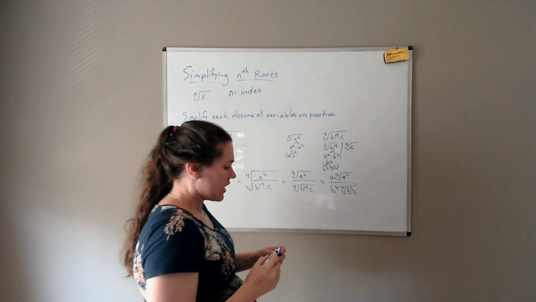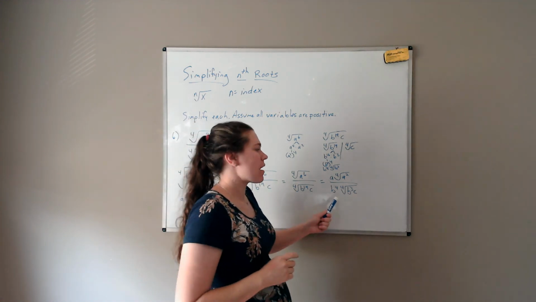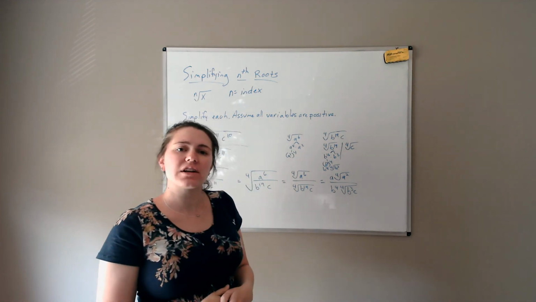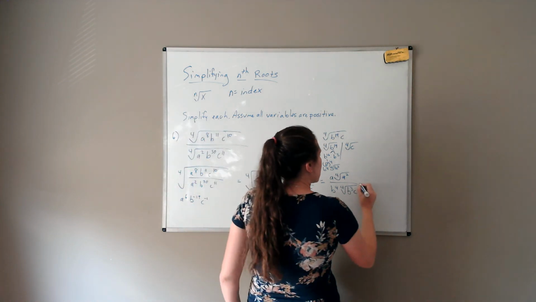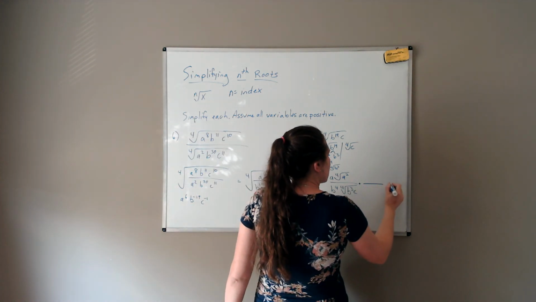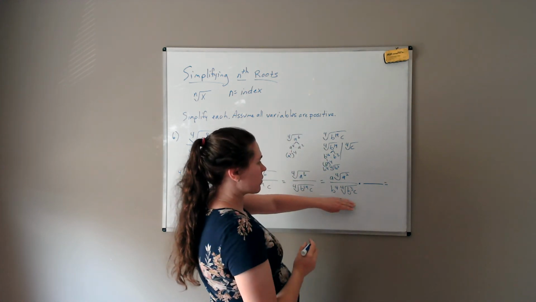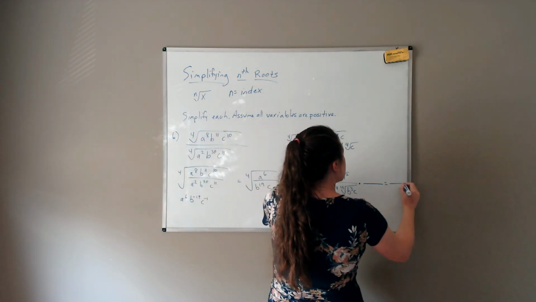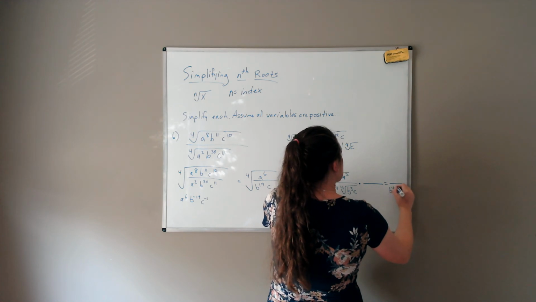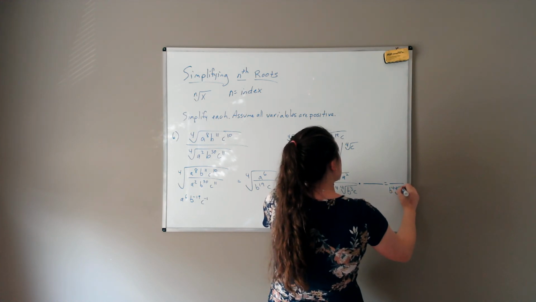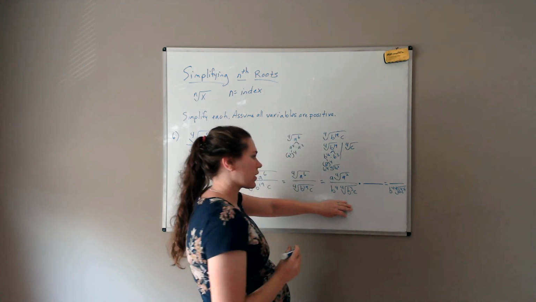So now each of the radicals is simplified, but the problem is I still have a radical sitting in the denominator. And I want this to be a rational denominator. So my denominator, in order for it to be rational, needs to be b to the 4th times the fourth root of b to the 4th, c to the 4th.